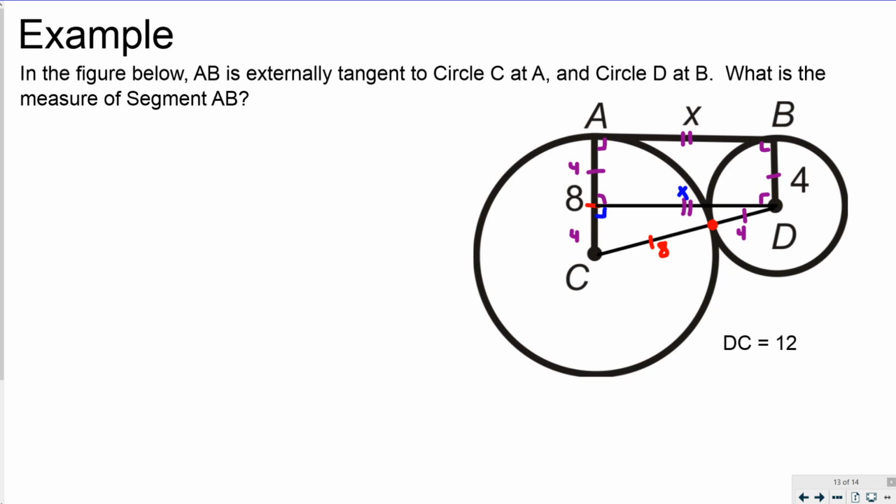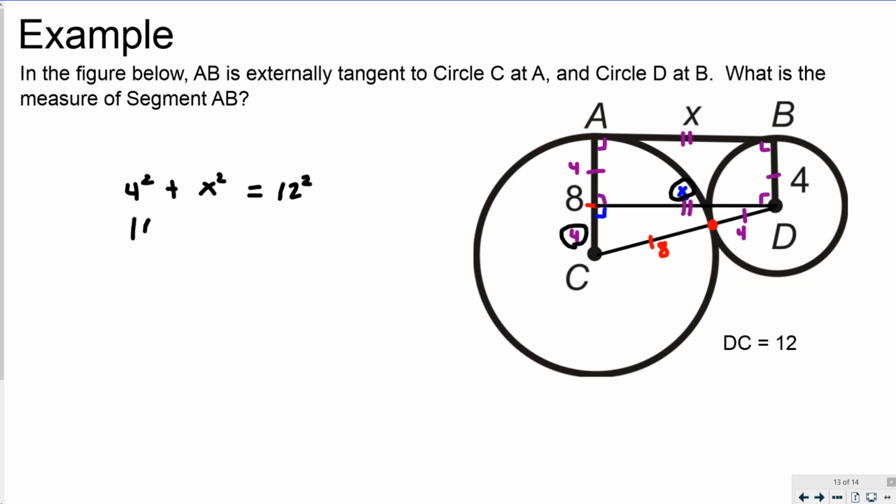If I could use the Pythagorean theorem to find X, then I would know X, the external segment. So let's do the Pythagorean theorem here. 4, this segment down here, squared plus X squared is equal to DC squared, which is 12 squared.